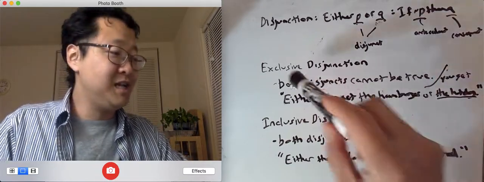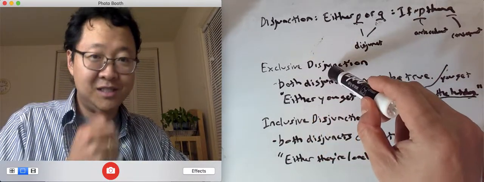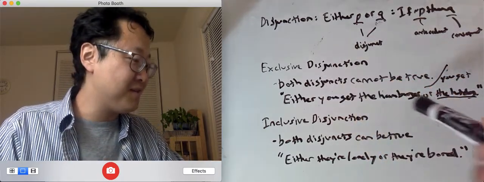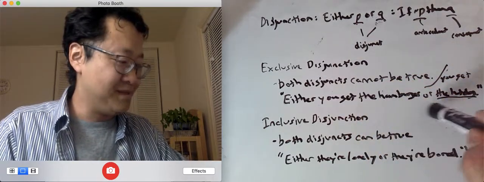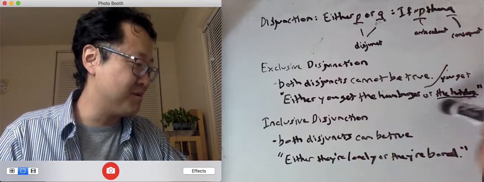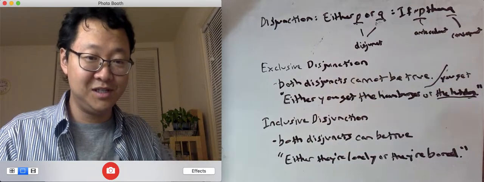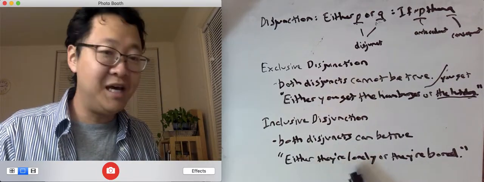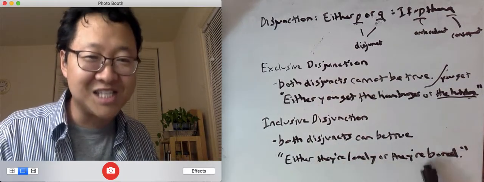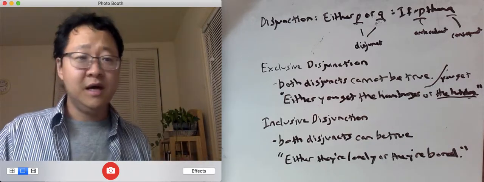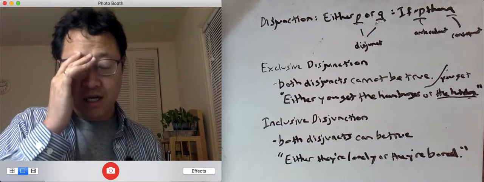It's just that exclusive disjunction says that the disjunction is not true if both are true. You can't interpret it so that both disjuncts are true. On the inclusive disjunction, both disjuncts can be true. All right, so that's our two interpretations.